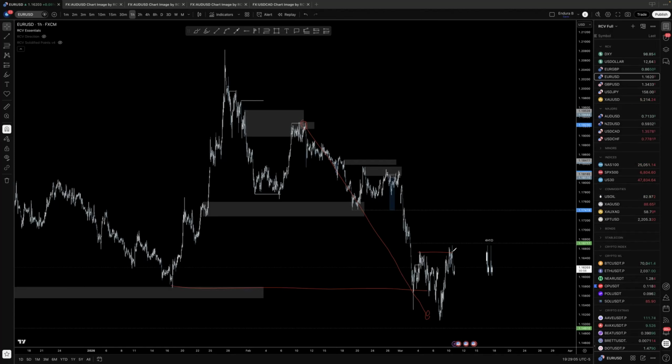Therefore, this break of structure can be argued to be the solidification of the range. Why? Because it's the first time that a high that broke a low was taken. High that takes a low internally, high that takes a low internally, externally as well. But then here, high that takes out a low internally. That's the first time it's been broken. So I can anticipate for this to be a range because we broke here.